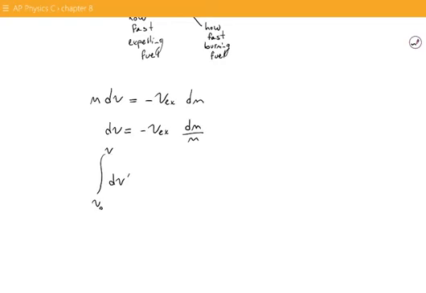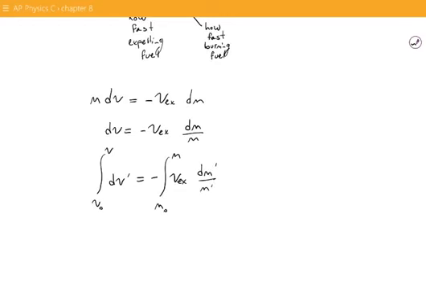So that prime is just there to differentiate notation. And then we have a negative integral from some original mass to some final mass of the velocity of the exhaust, dm prime over m prime.